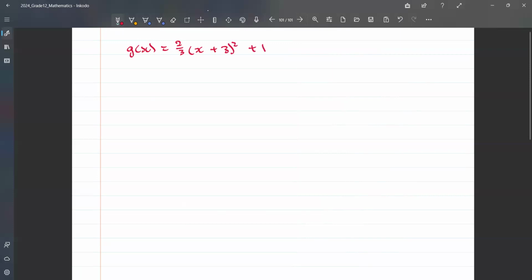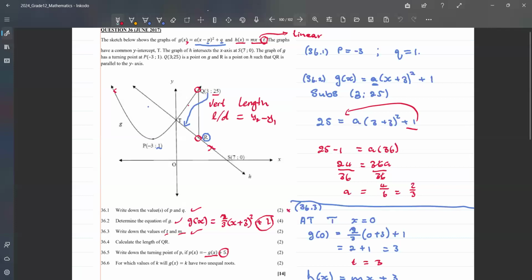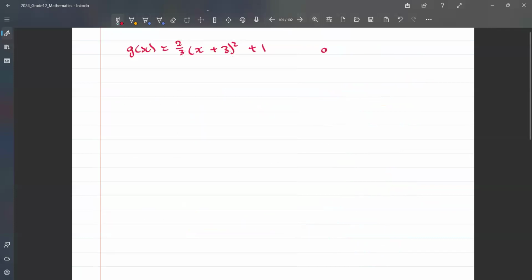But the moment we do another function, which is now called p of x, p of x is the reflection of g of x on the x-axis line and the translation by 5 units up. The equation of p of x would then be, because this is a 2-mark question, if you want to, you can write the p of x and substitute g of x in the equation.